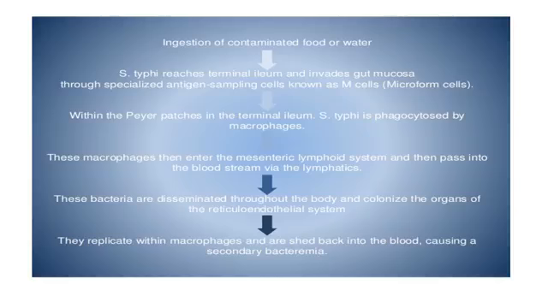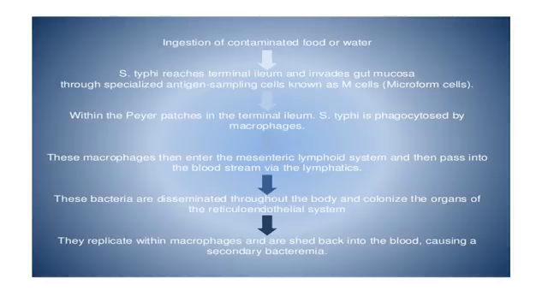These macrophages then enter the mesenteric lymphoid system and then pass into the bloodstream via the lymphatics. So this is the main route of entrance into the bloodstream. Here the primary bacteremia starts, and then these bacteria are disseminated throughout the body.